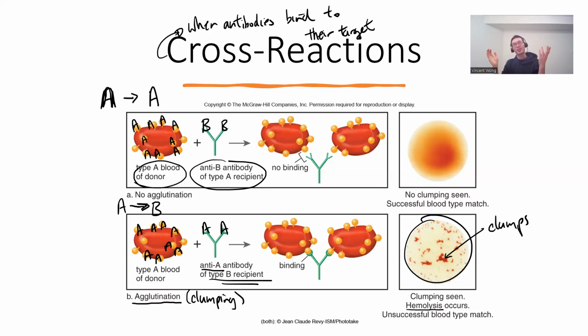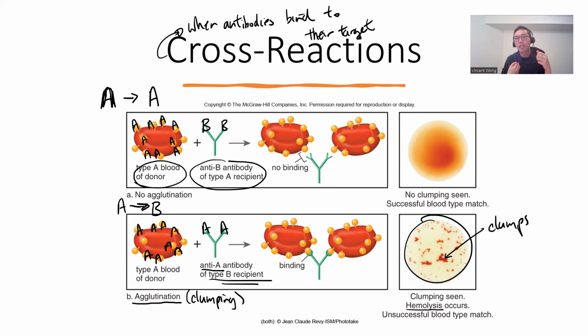Every time me and my wife watch a movie and this scene comes up, we're like, oh, so stupid. You will see the person say, oh, I'm type O, I will give you my blood, and then they will literally hook it up and give it to the other person. So let's say the other person is A. Just because you're O, sure, you can give O RBC to a type A person, but if you hook it up directly to the other person, your antibody is going to be going over as well.